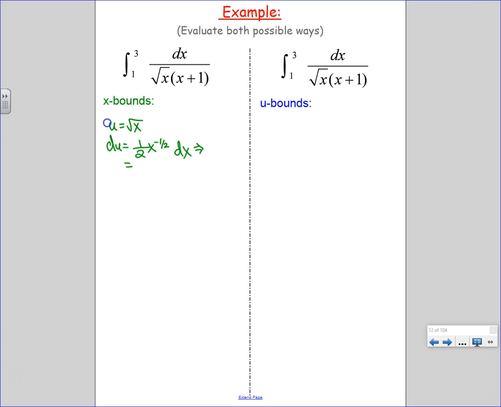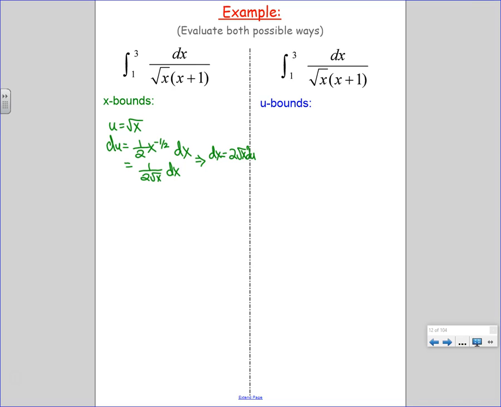I'm going to rewrite this first just to make our life a little easier: 1 over 2 square root of x. So now I get that dx is equal to 2 square root of x du. Then multiply 2 root x to the other side.